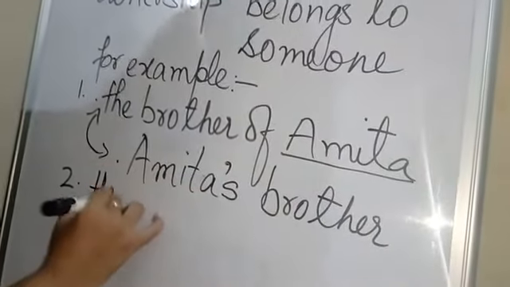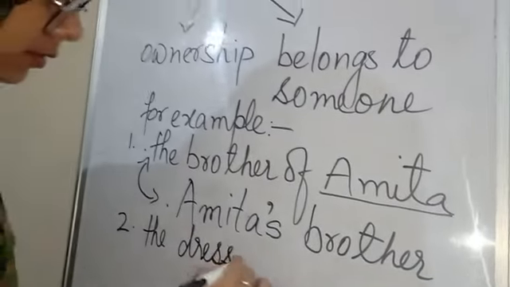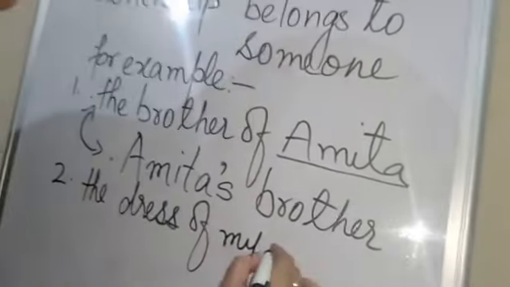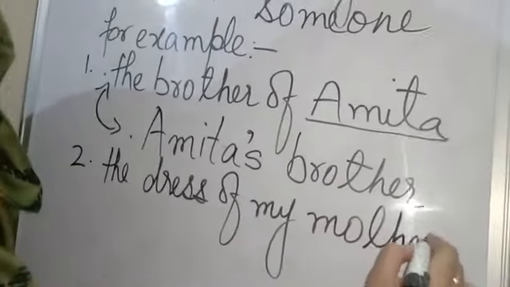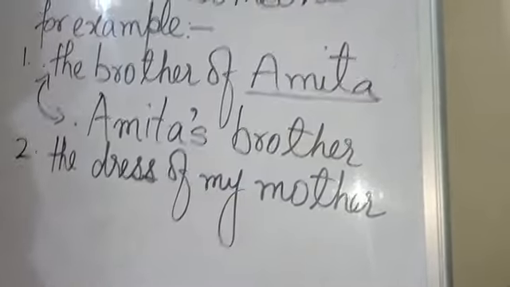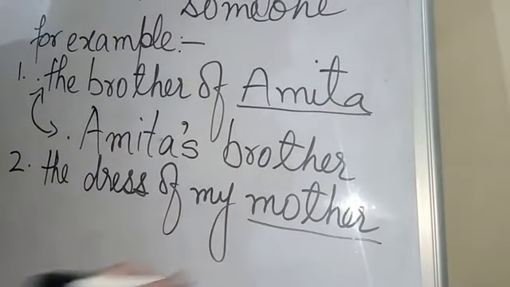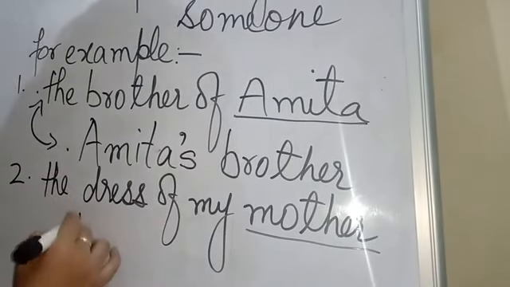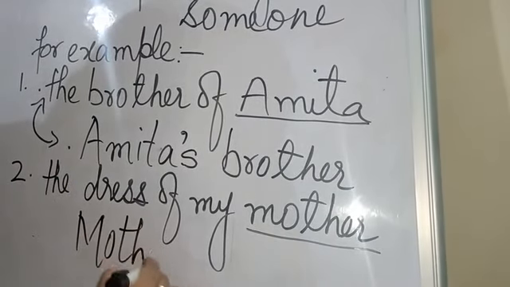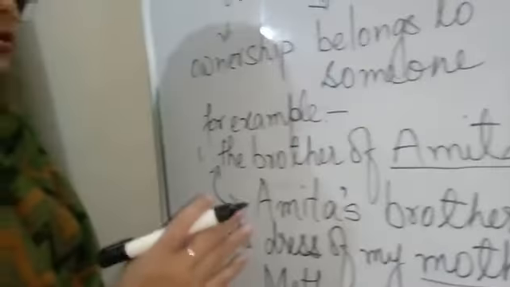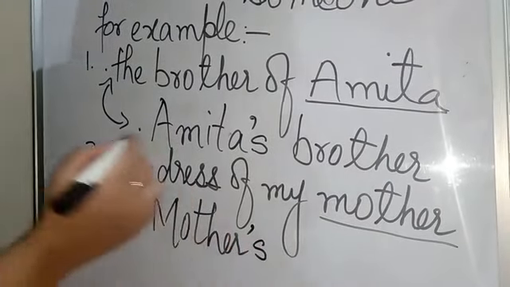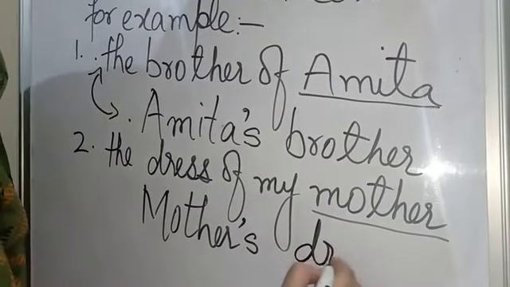Let's look at another example. You can say, the dress of my mother. Here, mother is a person, a noun. To show that the dress belongs to my mother, I will write mother, apostrophe, and add an S and say mother's dress.